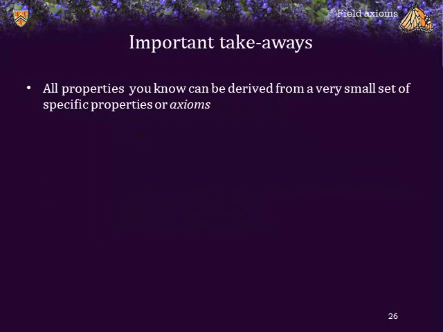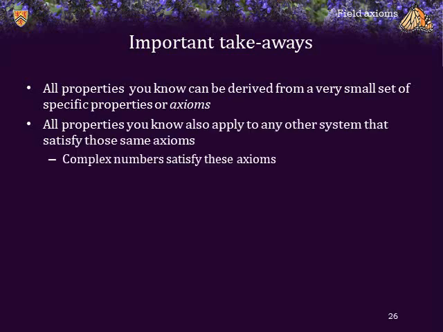Thus, all the properties you know about the real numbers can actually be derived from this very small set of only 8 specific properties or axioms of the real numbers. And all the additional properties you know about the real numbers also apply to any other system that satisfies these same axioms. The complex numbers satisfy these axioms.